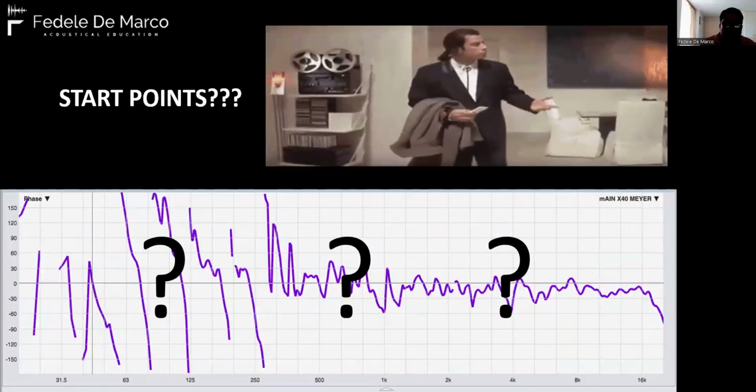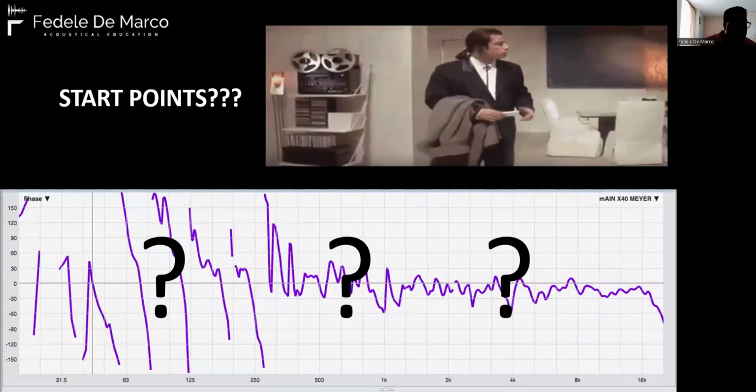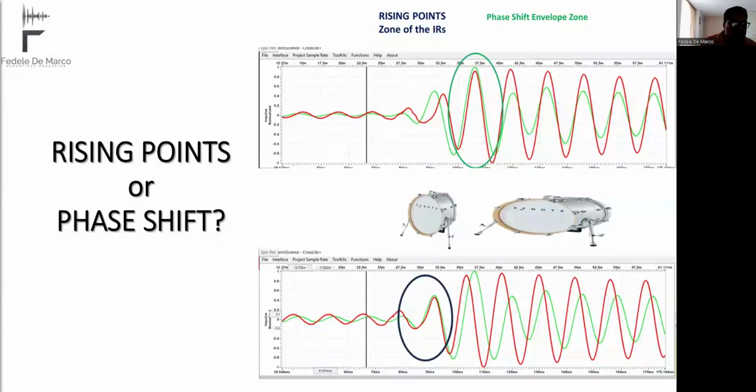Where are the starting points looking at the phase trace? Okay. In my experience, matching the phase slope corresponds to a matching of the central peaks of the IRs.